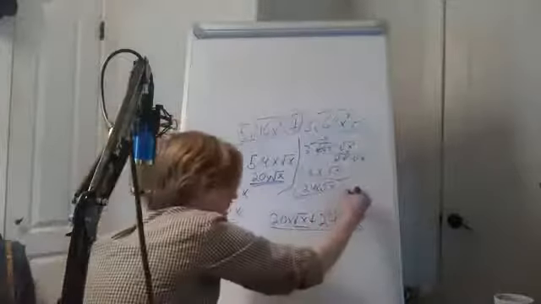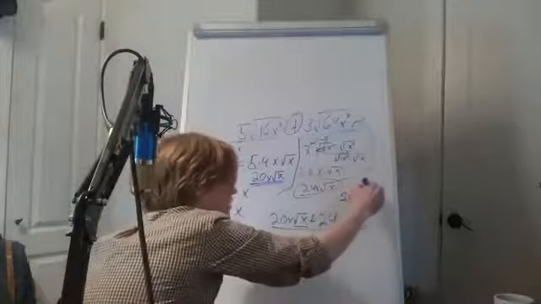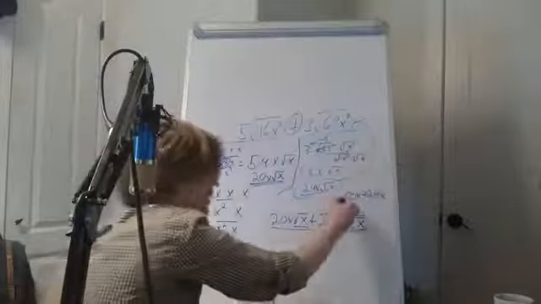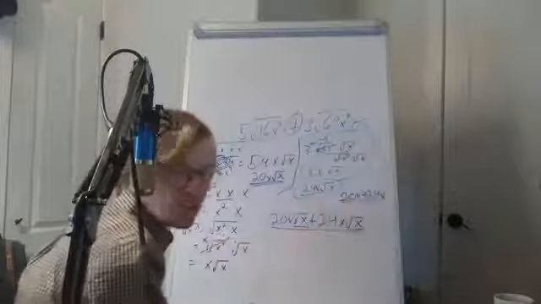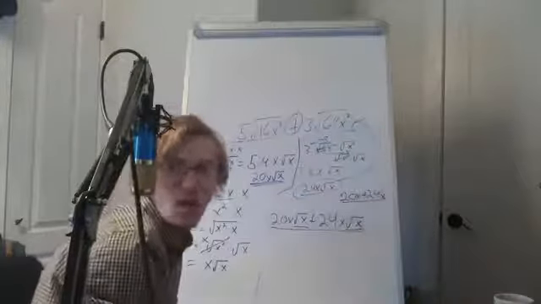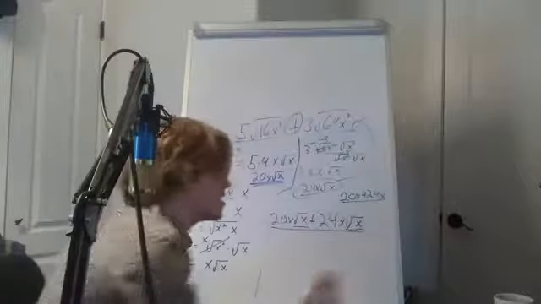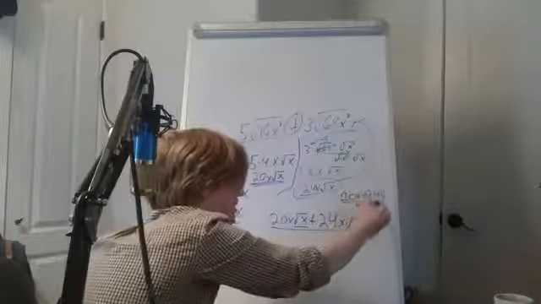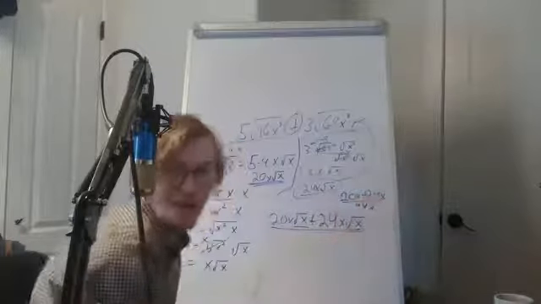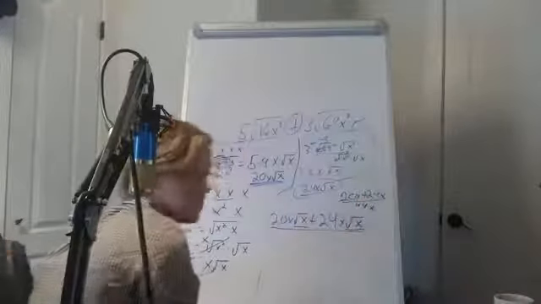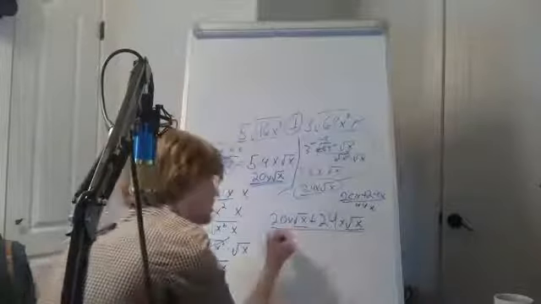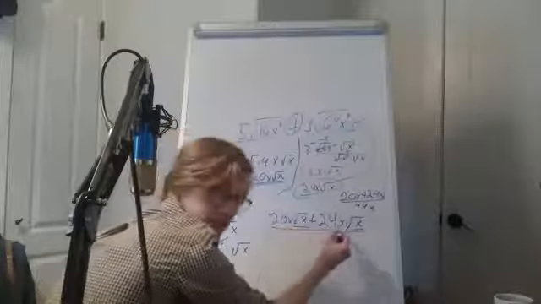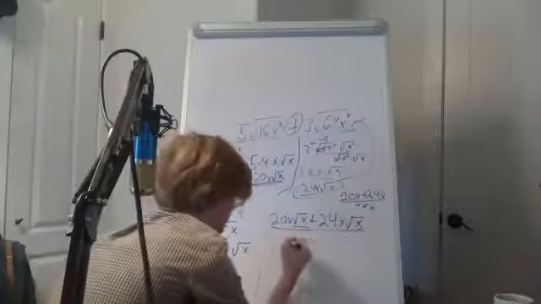If you saw 20x plus 24x a few months ago in class with me, all of you would immediately know that you just do 20 plus 24, which is 44, and you keep the x constant. So it's the same thing right here. 20x plus 24x is 44x.